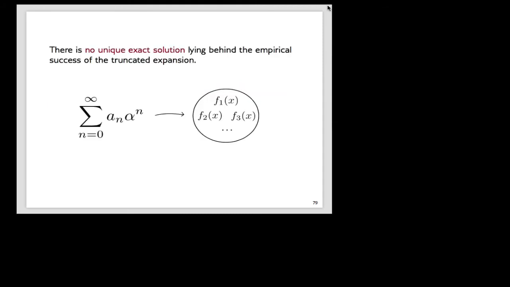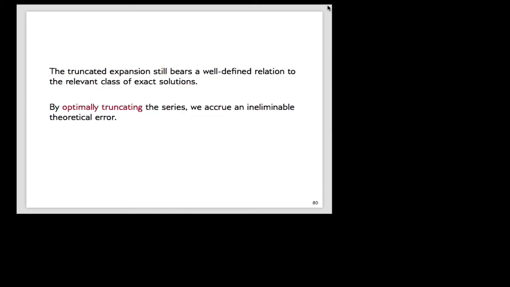Okay, so what this means is that, in fact, there's no unique exact solution lying behind the empirical success of the truncated expansion. But you can put a positive spin on that situation. Note that the truncated expansion that we use to get empirical information about the world still does bear a well-defined relation to the relevant class of exact solutions.